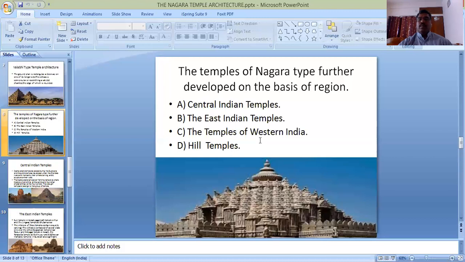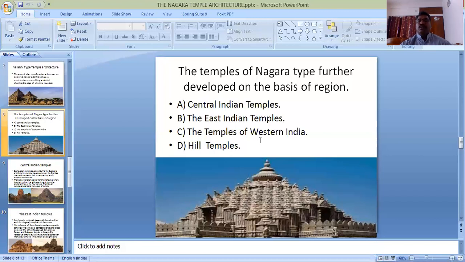Central Indian temple architecture is known to us as Central Indian temples, and the Nagara type temple architecture in the East Indian context is the East Indian temple architecture. In the Western context, there are the temples of Western India, and in the hill region, the hill temples.